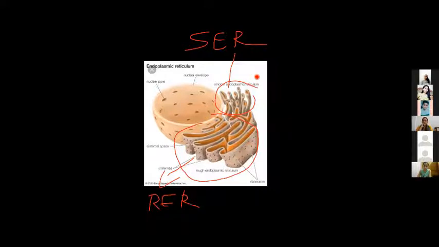There are three occurrences in endoplasmic reticulum. The first is cisternae, the second is vesicles, and the third is tubules. What is cisternae? I have told you that this sac-like structure is known as cisternae.